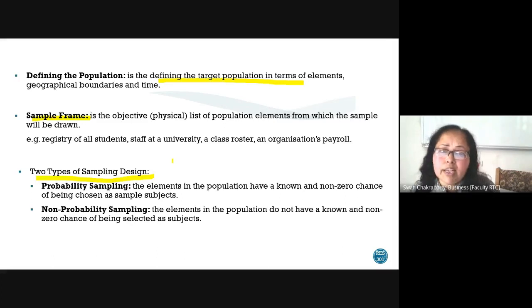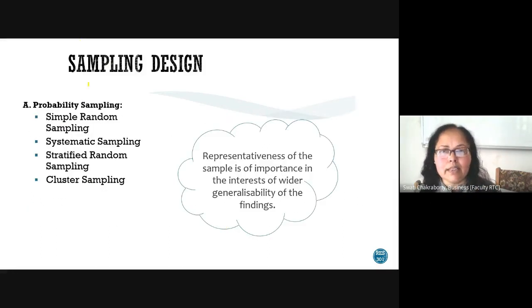Now there can be two types of sampling design: probability sampling and non-probability sampling. In probability sampling, the elements of the population have a known, non-zero chance of being chosen as sample subjects. In non-probability sampling, elements in the population do not have a known or non-zero chance of being selected; it's already decided, and your own judgment comes in.